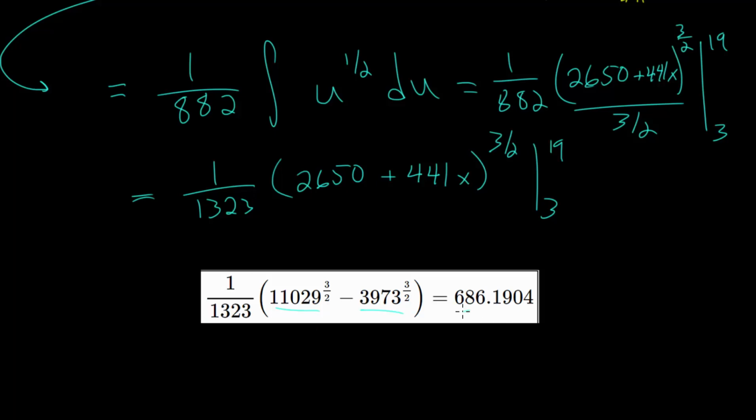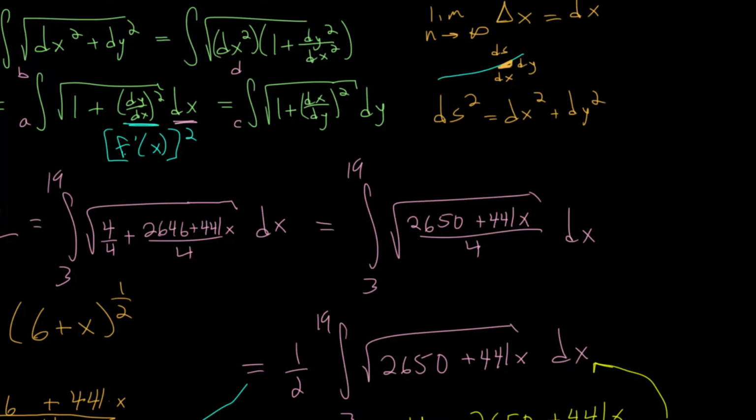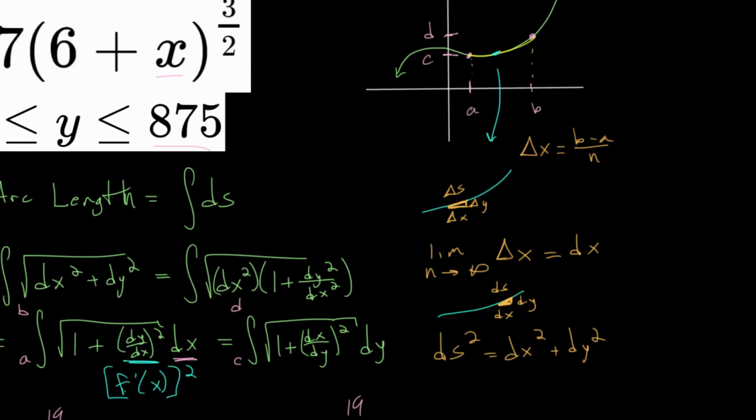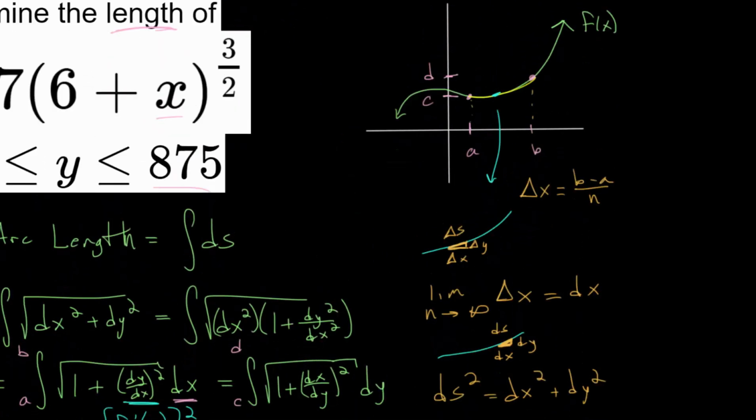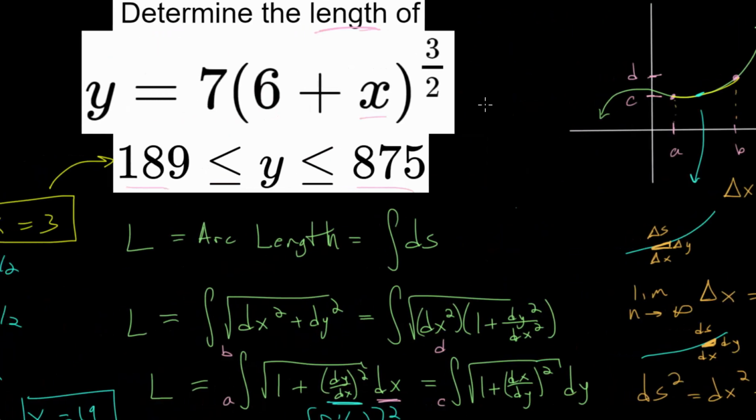And if you do want it as a decimal, this would be our approximation here. So this number right here, this is the length of that curve. If we go all the way back up to that original curve here, we found the length of this curve between y values of 189 and 875.